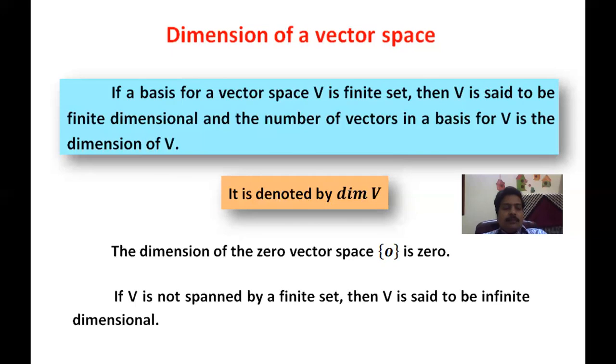Whenever the basis contains a finite number of vectors, we say that vector space V is finite dimensional, and that number of vectors in the basis is called the dimension of vector space V. It is denoted by dim V. So this is the definition of the dimension of a vector space.